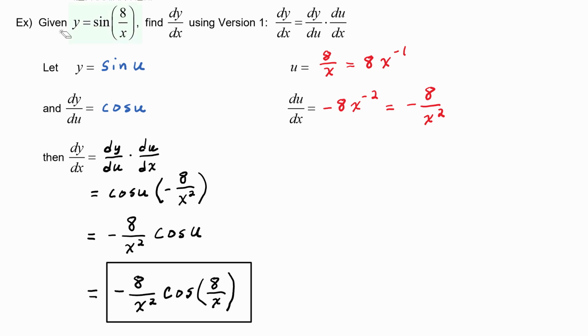So the derivative of y equals sine of 8 over x is negative 8 over x squared times the cosine of 8 over x.